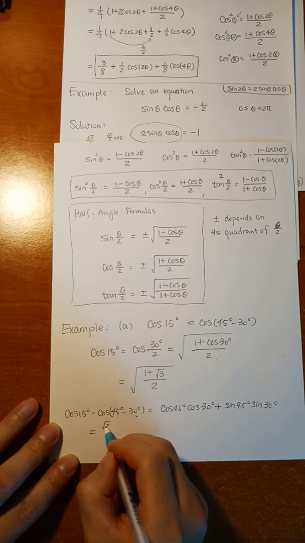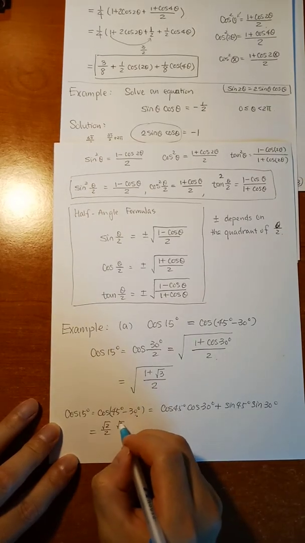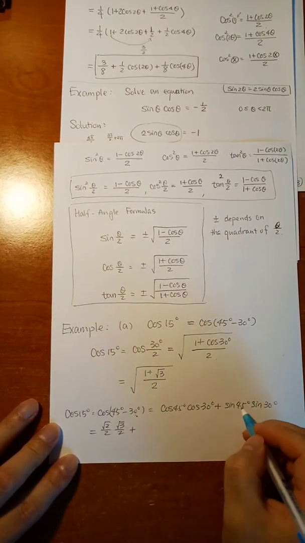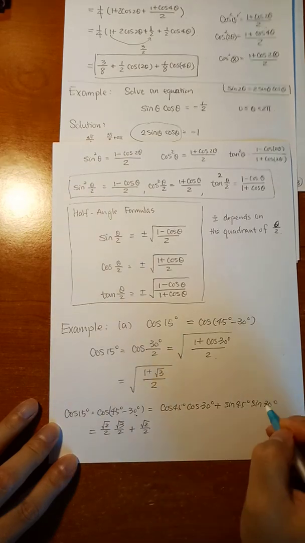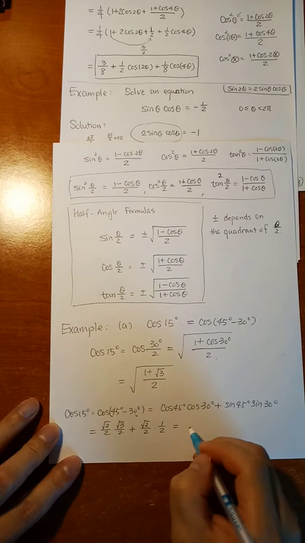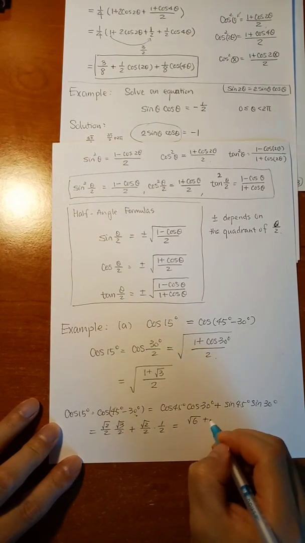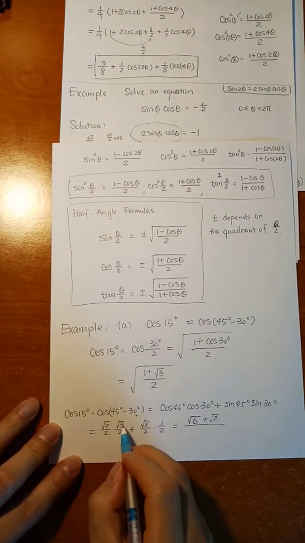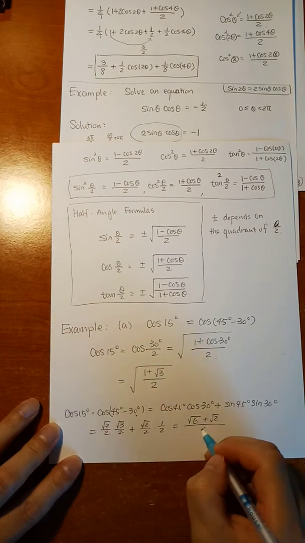Cosine 45 is root 2 over 2, cosine 30 is root 3 over 2, plus sine 45 is root 2 over 2, sine 30 degrees is half. So the numerator is root 6 plus root 2 over 4.